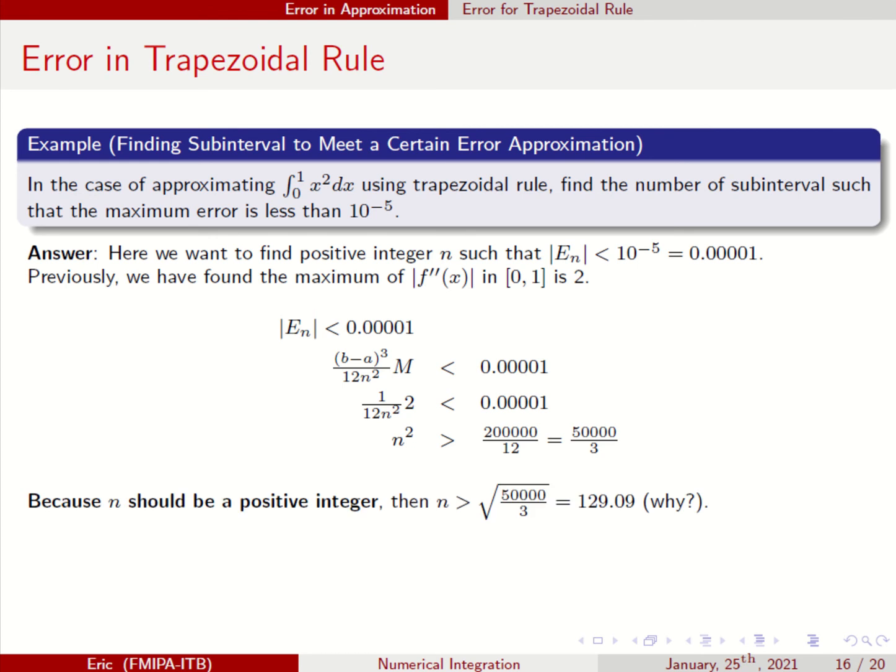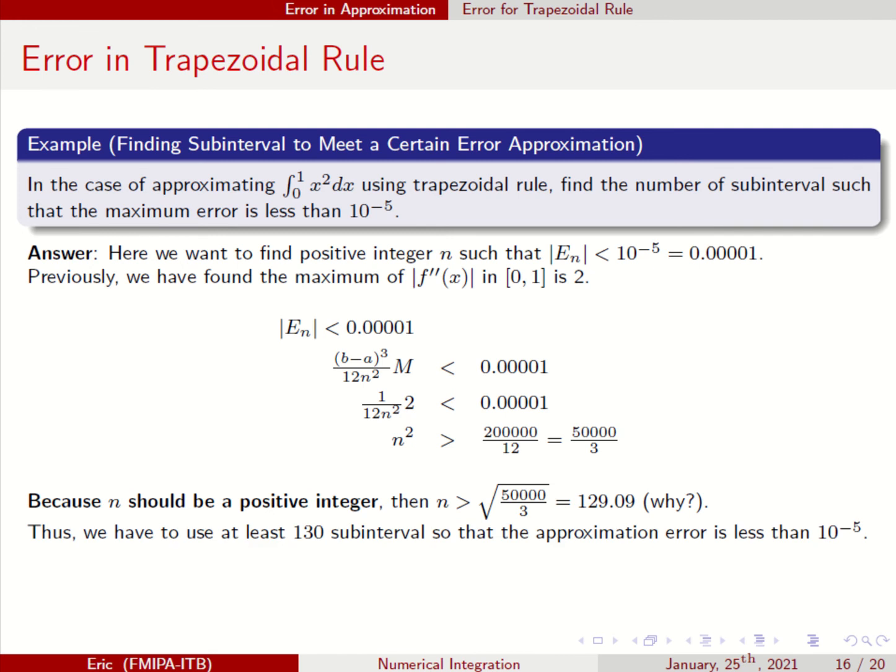Because n should be positive, n should be greater than the square root of this, which is 129.09. Don't forget, n should be an integer, so the integer after 129 is 130.